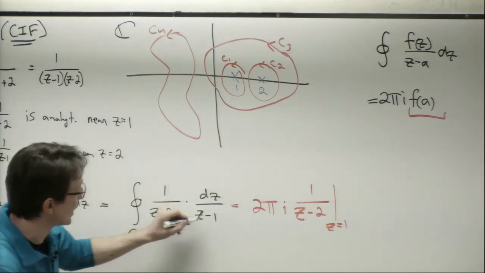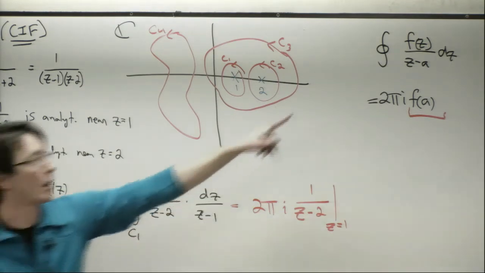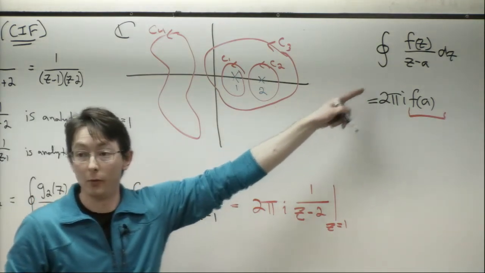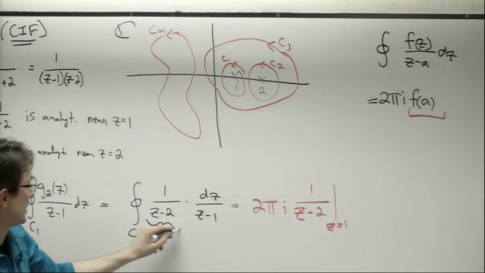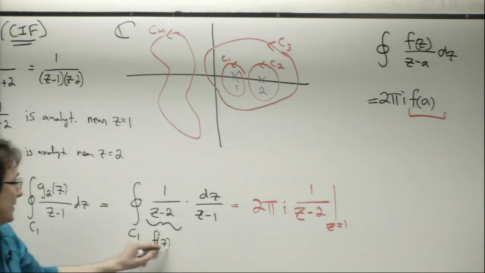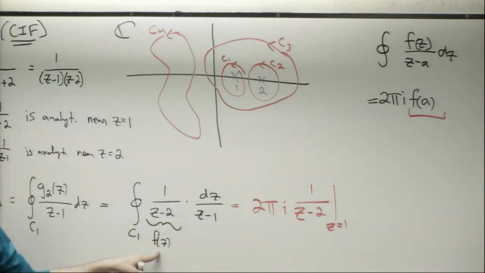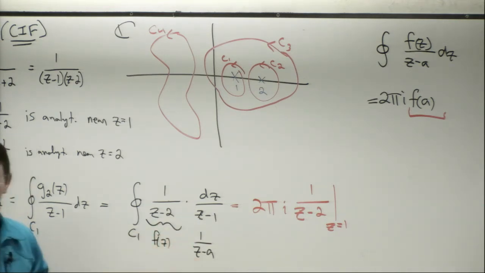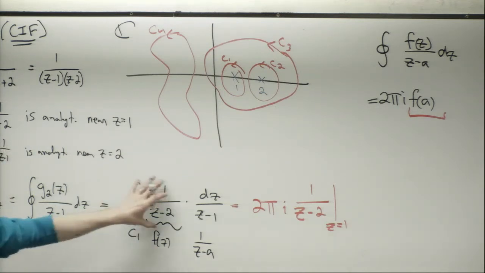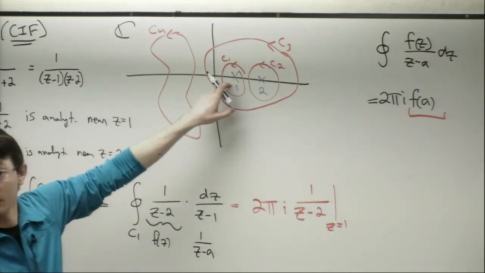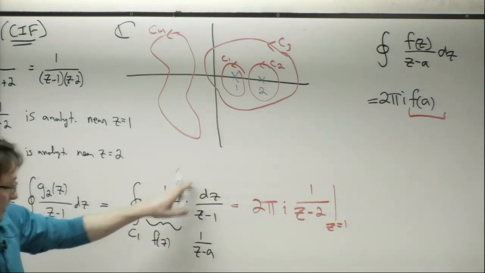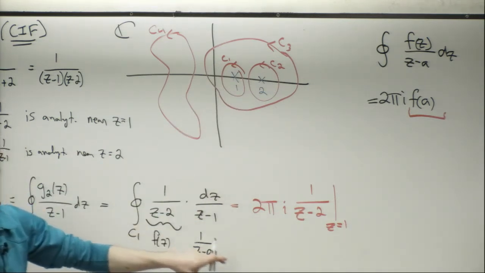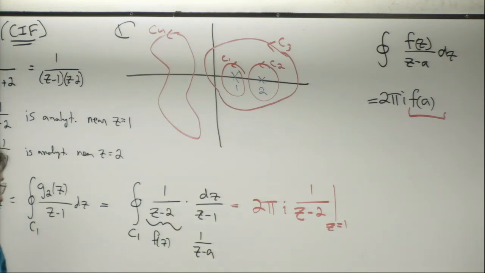Now, this function, we can cast it into the Cauchy integral formula form if we want by saying that this is my analytic function f of z. This is analytic near z equals 1. And this is my 1 over z minus a. So this part is analytic around this pole, and this other part is 1 over z minus a, where a equals 1.